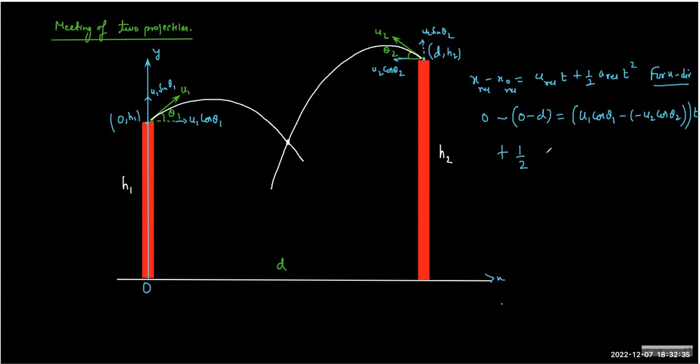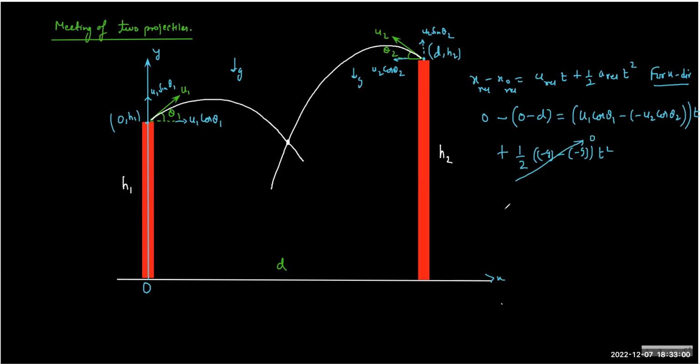Why is it again easy? Because both will have acceleration due to gravity in the downward direction. We know that acceleration is the same for every projectile. So the second term is pretty easy to write, because it is going to be minus g j, and the relative acceleration is minus g minus of minus g, which is anyway going to be 0.